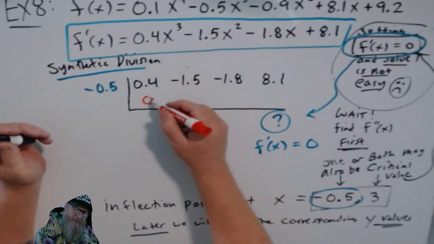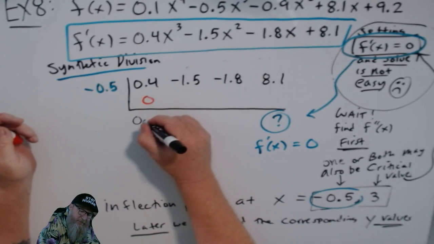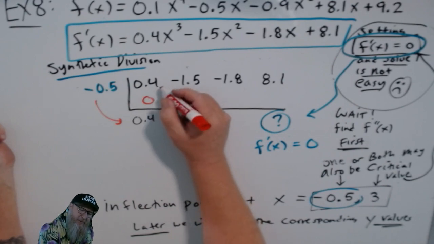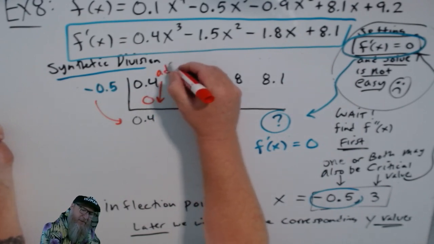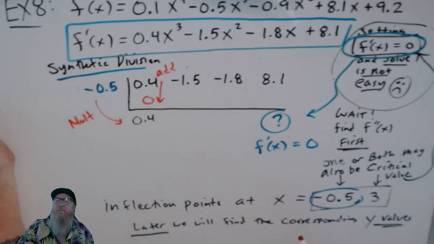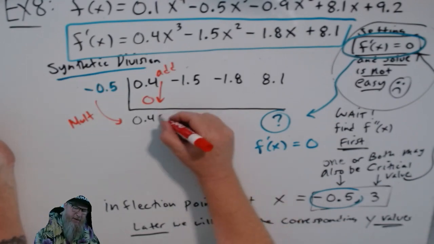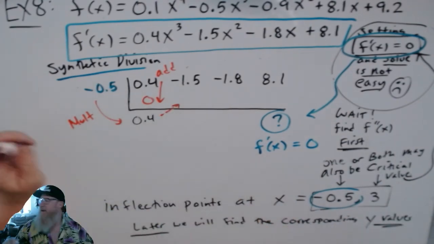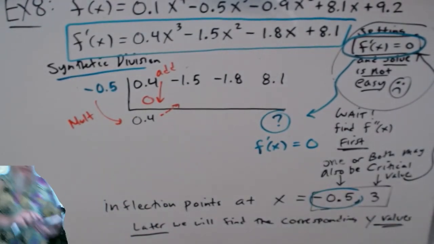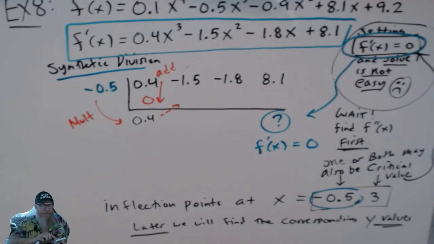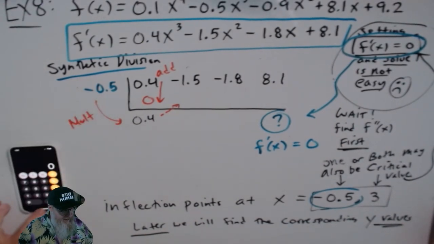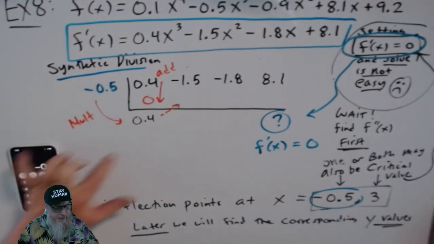Then you add. Then you multiply. If you've had algebra in the last few years, you might have seen this process before. And then you write the result right here. A calculator might be helpful for some of these decimals. So I've got negative 0.5 times 0.4.